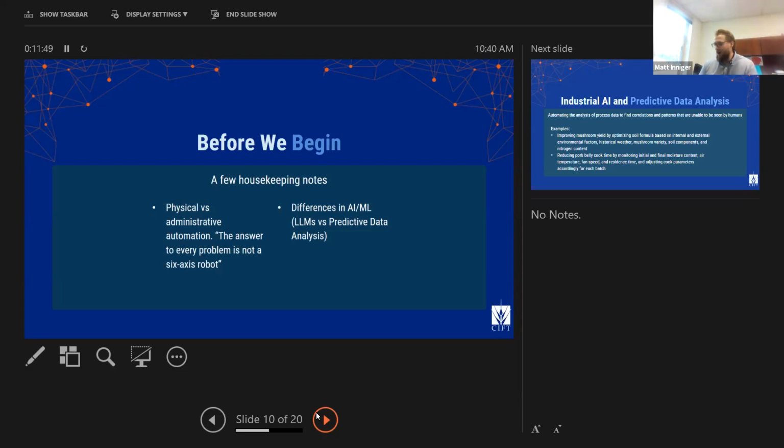I got an awesome quote. I was lucky enough to do a little bit of specific FANUC integration training on the robotics end a couple of weeks ago, and the instructor had this awesome quote: the answer to every problem is not a 6-axis robot. I think a lot of people come at the question of capacity increase and say, okay, time to invest in capital, time to buy a piece of equipment.